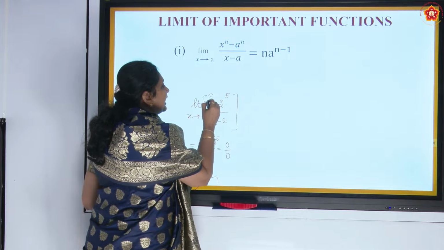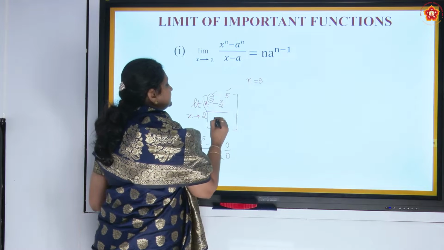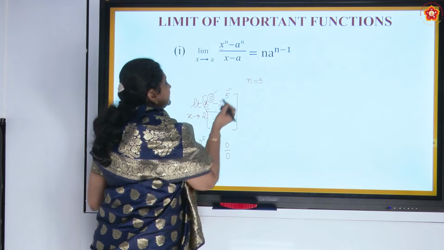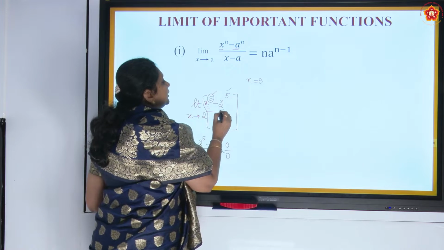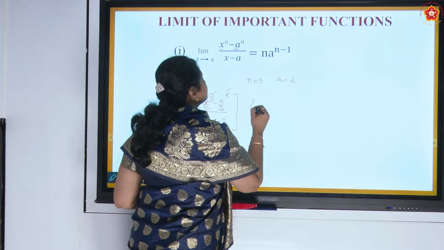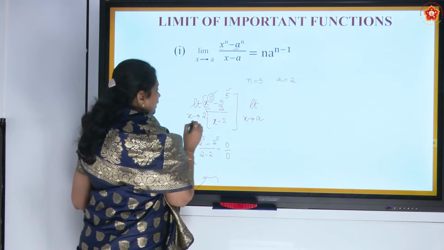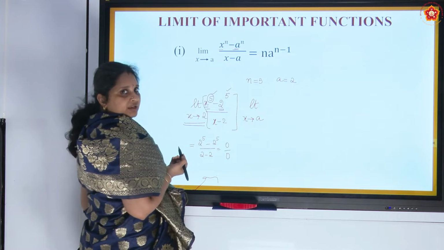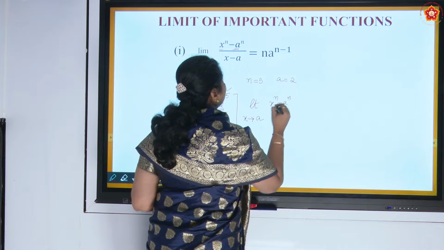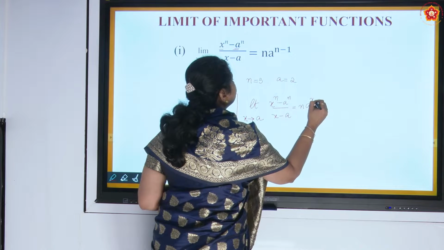Here, your n is 5, the power is just 5 in the numerator, your x is x, and your a is 2. So we have this limit ready-made given to us. As x tends to a, x^n minus a^n by x minus a is going to be n times a^(n minus 1).